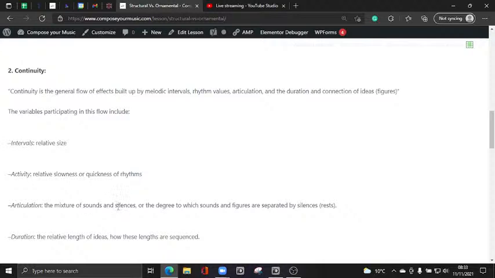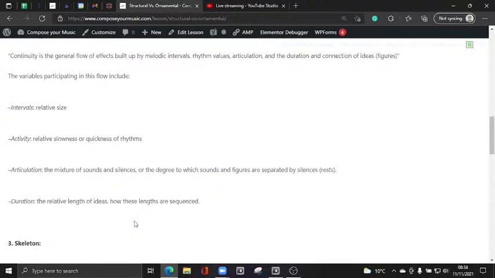If you play staccato, what do you think happens in between the notes? There's a silence, right? So the mixture of sounds and silences, the articulation is also about that. It's not just about the rest itself.